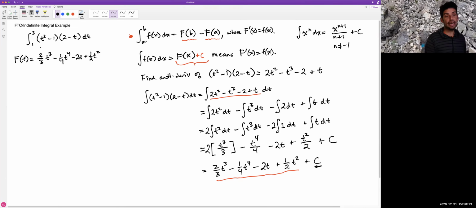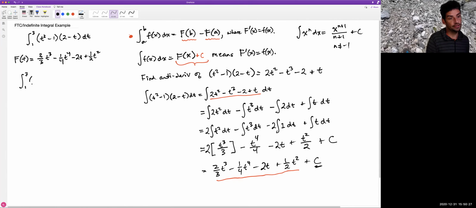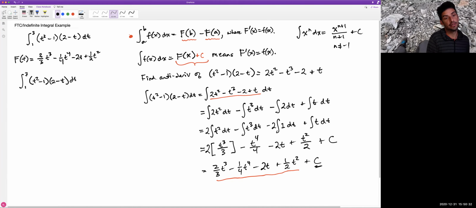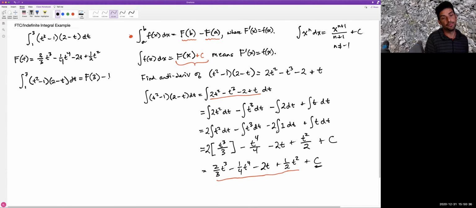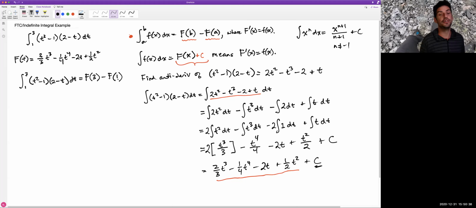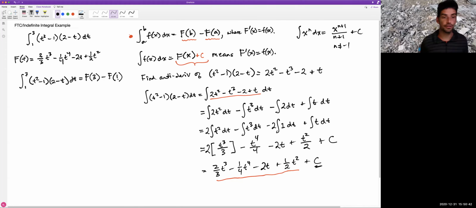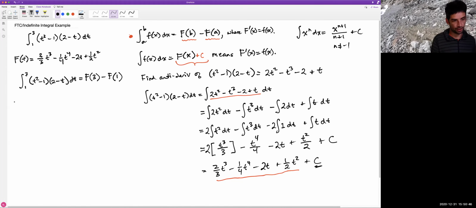So I'm going to need F of 3. Let's write this out. According to the fundamental theorem, now that I have this F, my definite integral can be evaluated this way. Since this is pretty big and ugly, I'm going to compute these each separately.